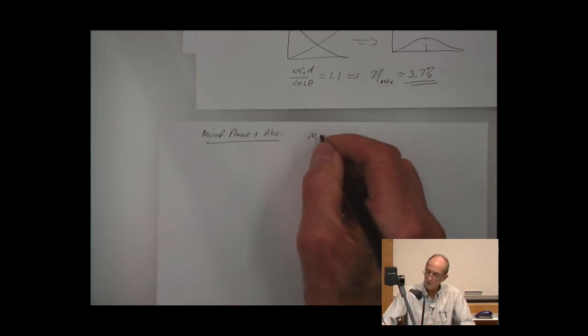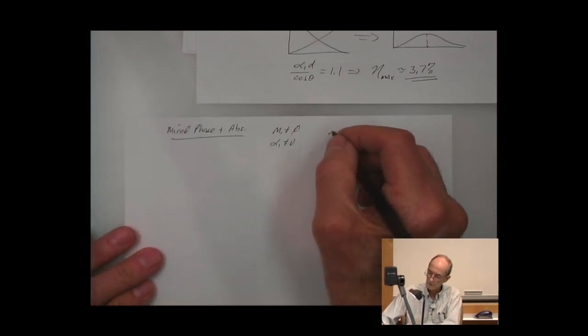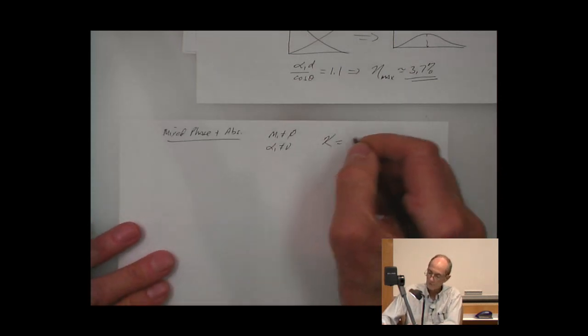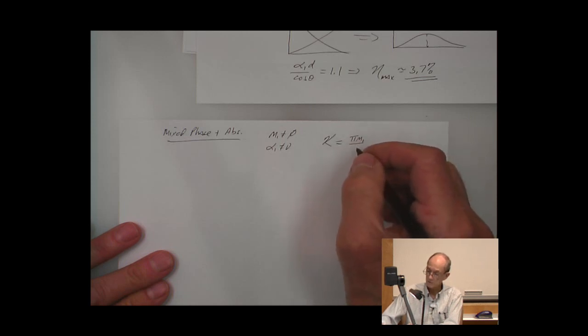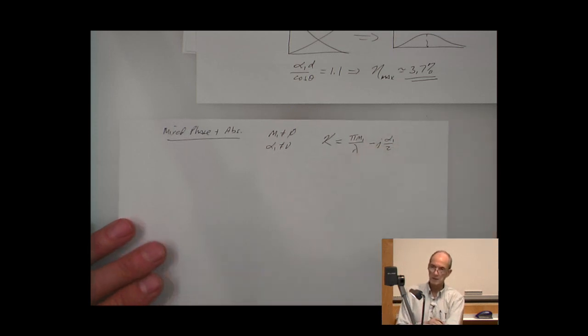In this case, n1 is not equal to 0, as well as alpha 1 is not equal to 0. And so the coupling coefficient now is kind of the full, and again, we made this an approximate coupling coefficient for an optical medium. So we have pi n1 over lambda minus j alpha 1 over 2 for the coupling coefficient.